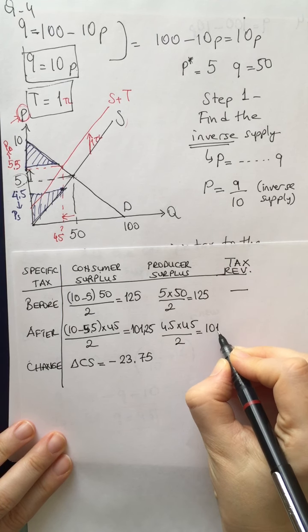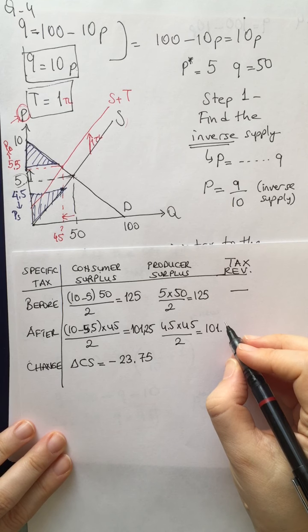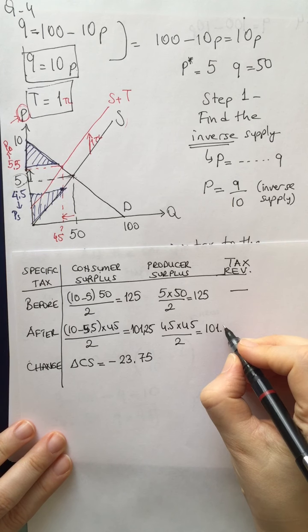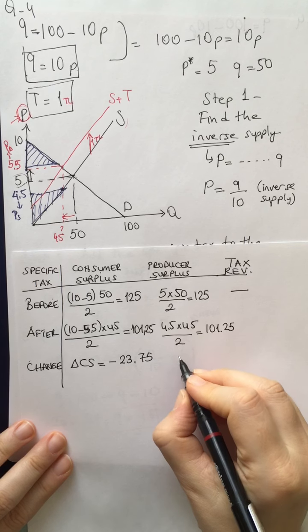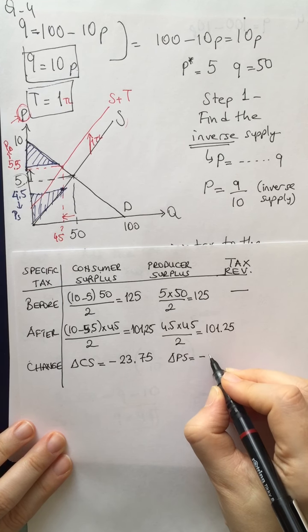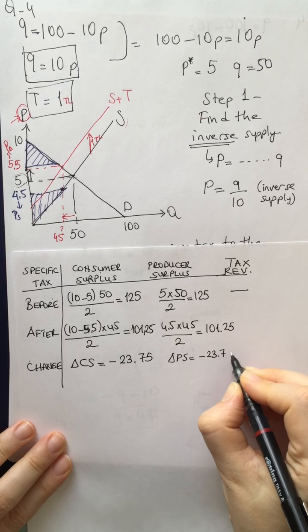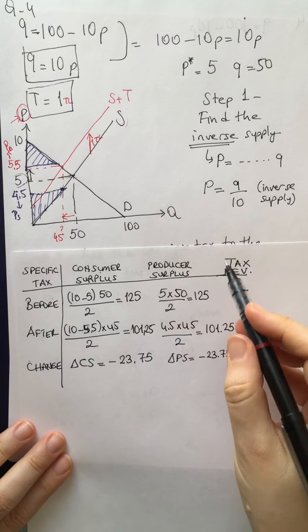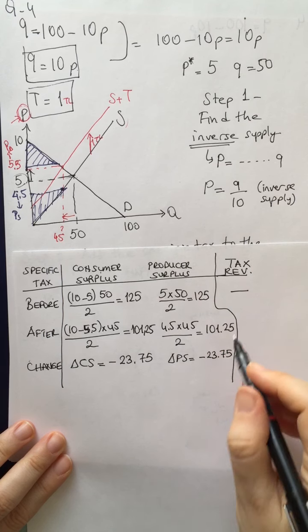Again, 101. Is it? Yes, 101.25. So the change in producer surplus is again minus 23.75. What about the tax revenue of the government?